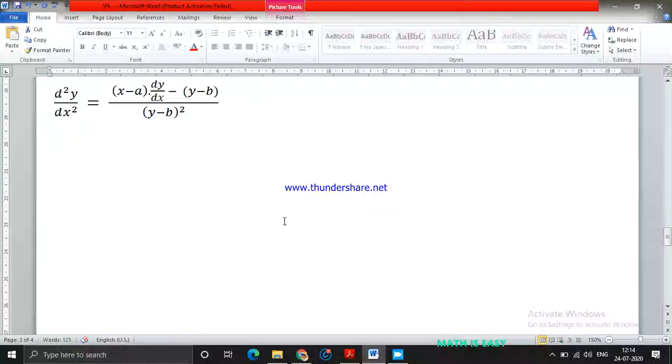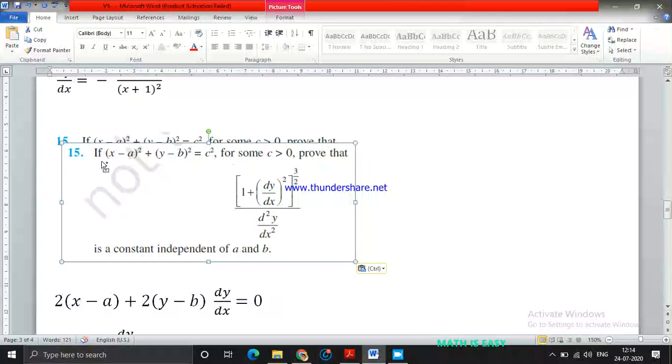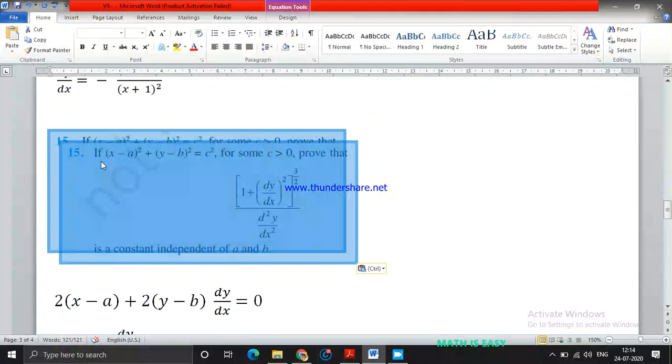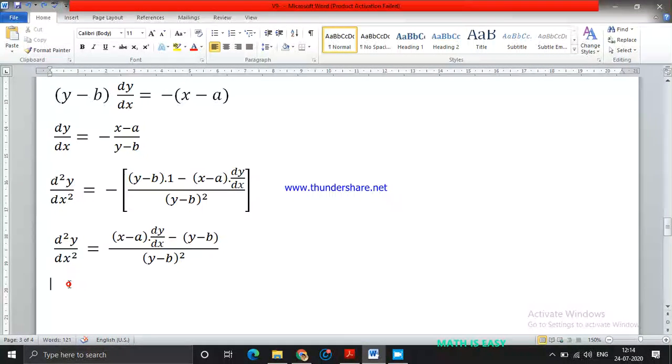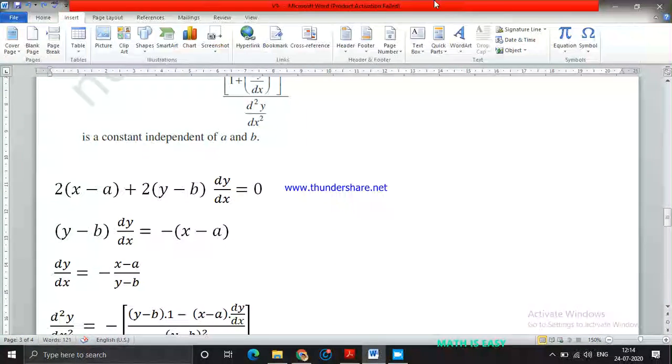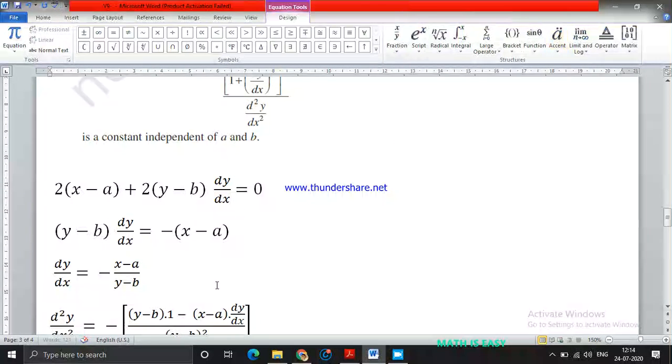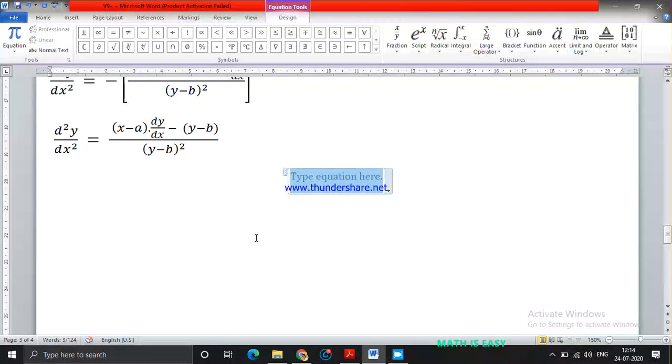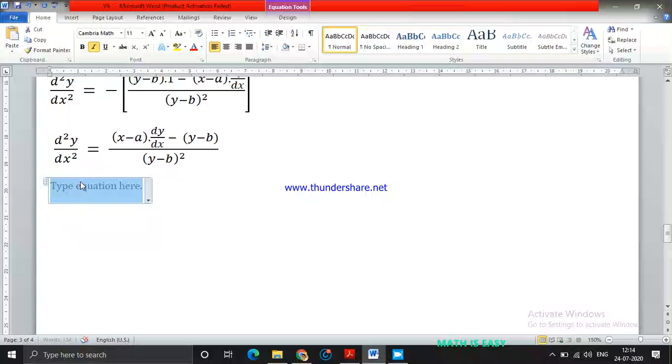Let's see what I can do here. I think I have to type this one. Fraction. Let me insert the equation. Let me increase the font size.